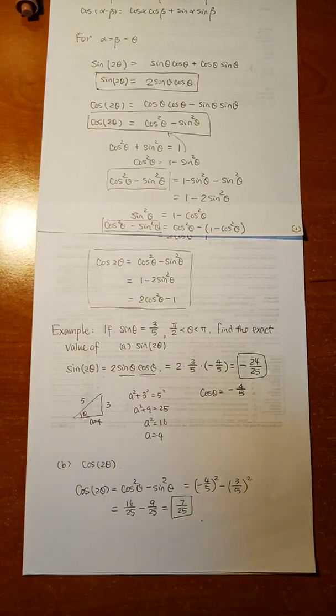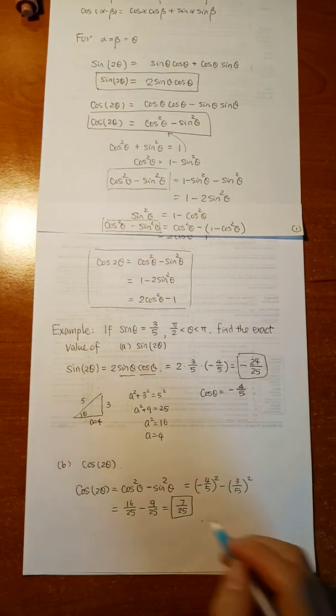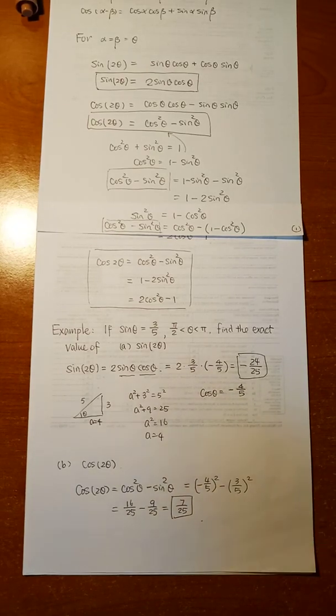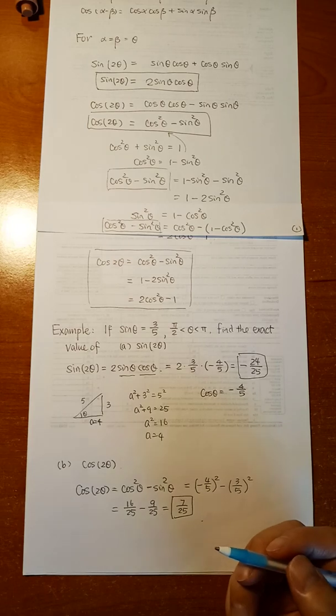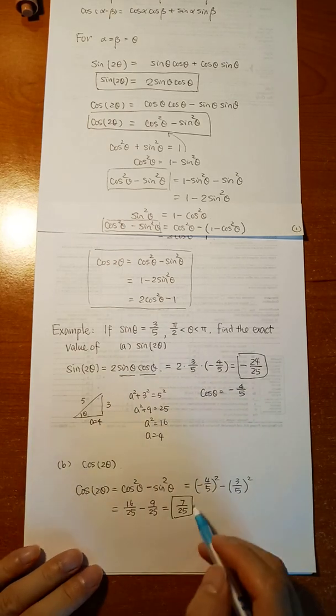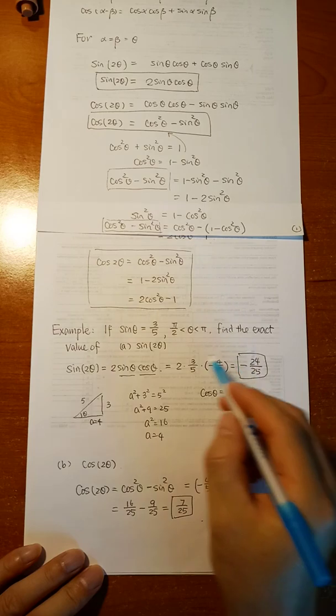Okay? So this is cosine 2 theta with the original expression, right? Well, it's not necessary like this because we already did the first part.